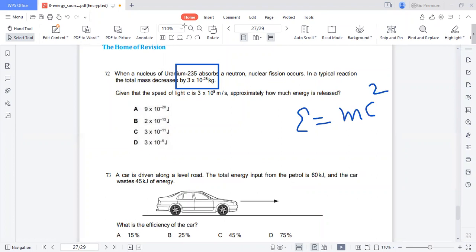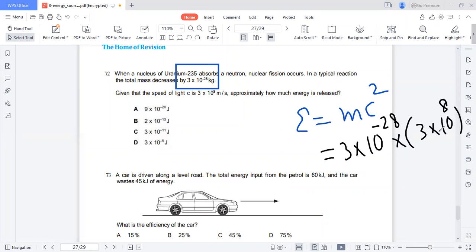We know mass. Mass is 3 times 10 to the power minus 28, and c squared is 3 times 10 to the power 8, whole squared. So it would become 3 times 9 times 10 to the power minus 28 times 10 to the power 16.